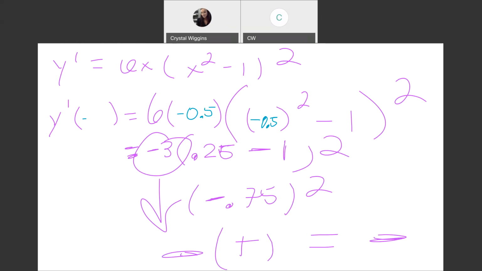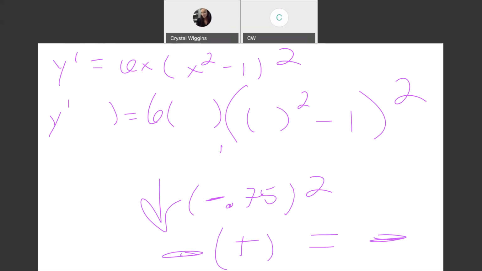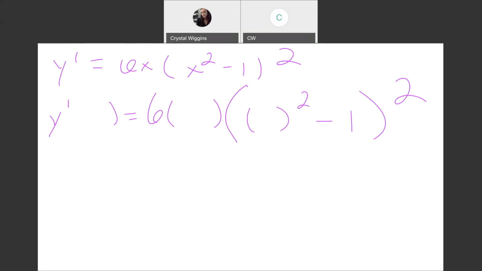Let's do our next test point, which is +0.5, and see what's happening with our function. See if we're decreasing still or if we're changing to increase. So we're going to put +0.5 in here. Okay, and we're going to get 6 times a half, which is +3.